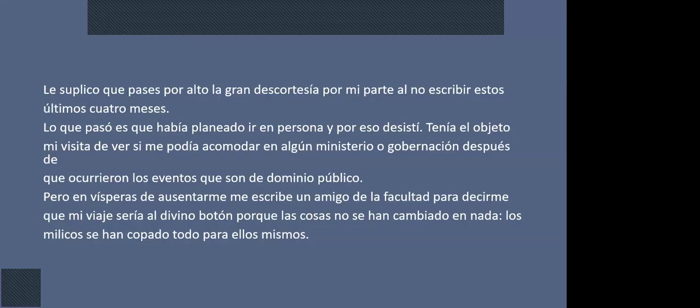And look at this one, pero en vísperas, okay, right? So en vísperas de ausentarme, how will you put that? Like right before leaving, or right before, that's one way I would put it, that's functional, because you would not say on the eve of my absence. That's just not a good choice to me, right?